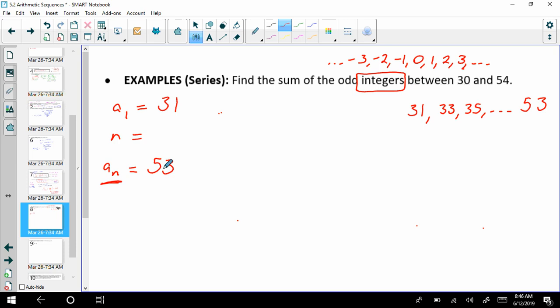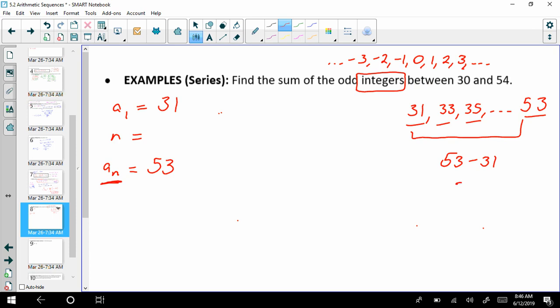The kicker on this one is figuring out n. How many of these things would there be? Sometimes people are tempted to say, oh, 53. No, 53 is the last number in the sequence, but I want to know how many of them are there. So how do we do this? Well, one way you can think about it, if I were to subtract 53 minus 31, what does that come out to?